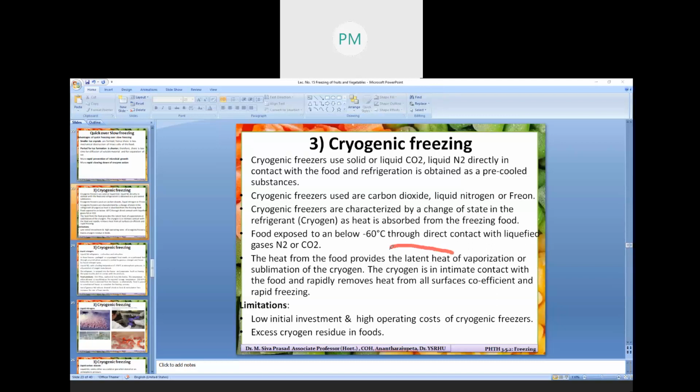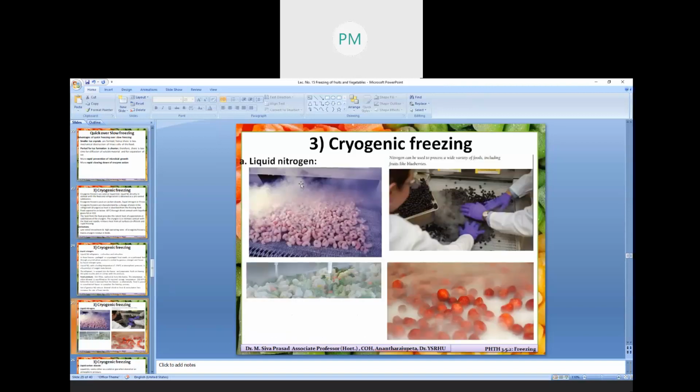It provides latent heat of vaporization, so this CO2, N2 has the property of quickly removing the heat from the food. That makes it a good substance, useful as a cryogenic freezing agent.